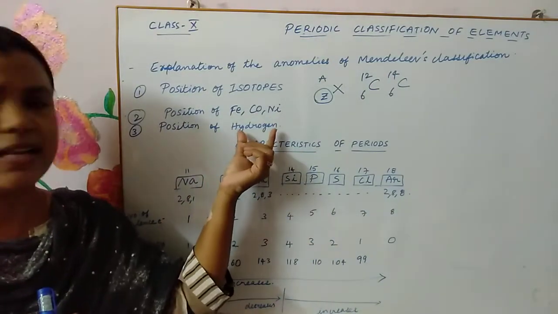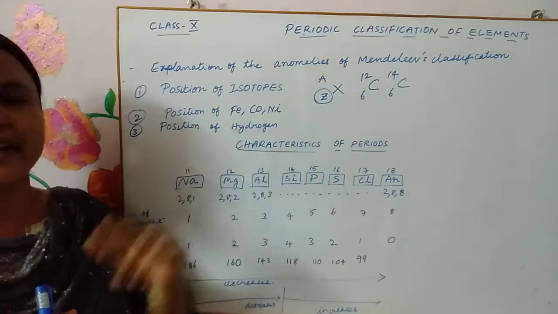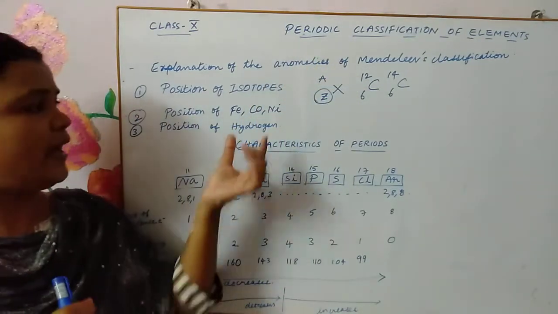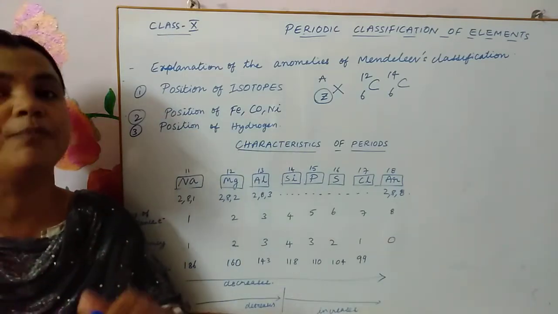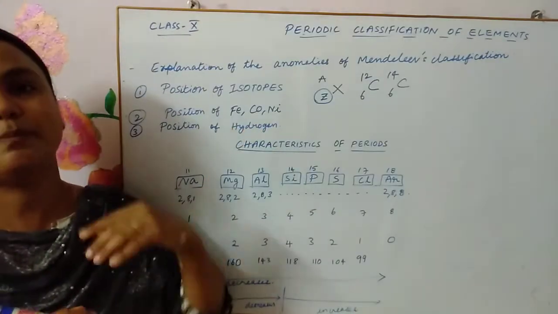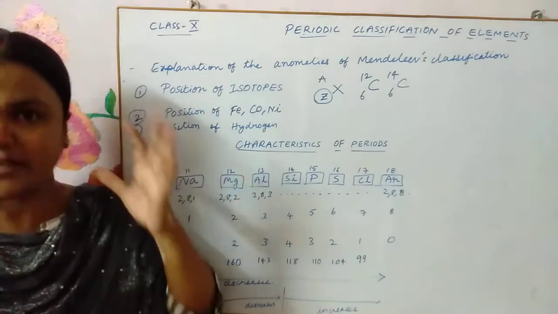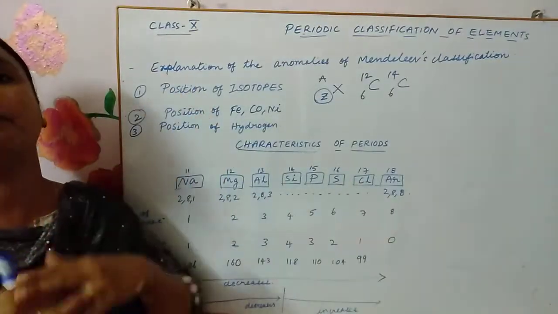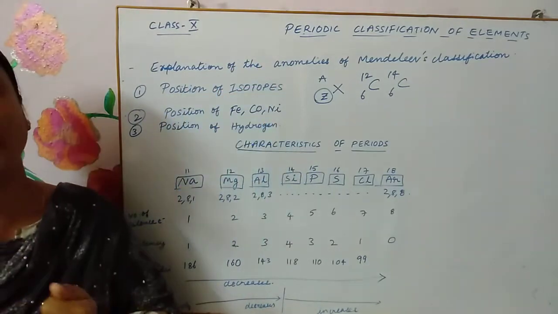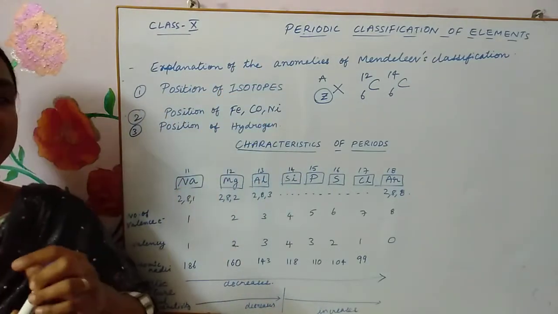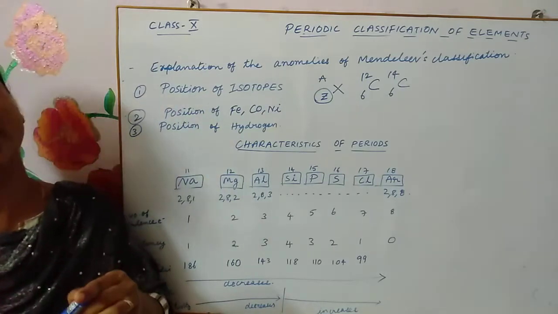Mendeleev placed hydrogen in group 1 only, and he could not give a proper place to hydrogen. But in the modern periodic table, hydrogen is a special element, and it is given a separate place above the group 1 elements. So all these anomalies were answered very nicely and overcome by the long form of periodic table.